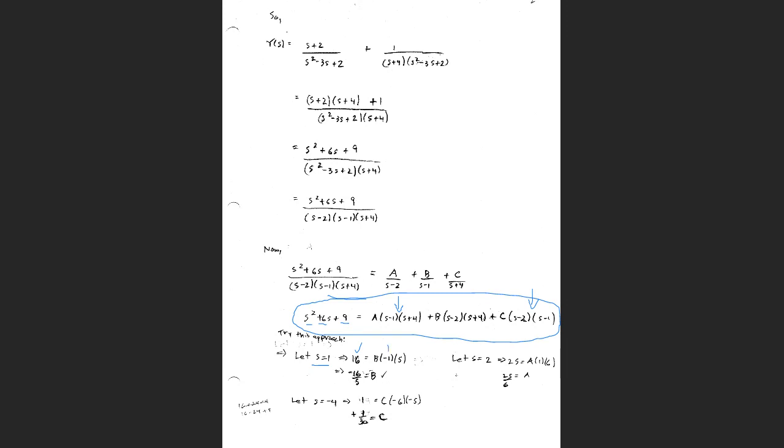The negative 1 comes from the 1 minus 2 here, and the 5 comes from s plus 4, when s is 1, 1 plus 4. And then 16 comes from 1 squared plus 6 times 1 plus 9.